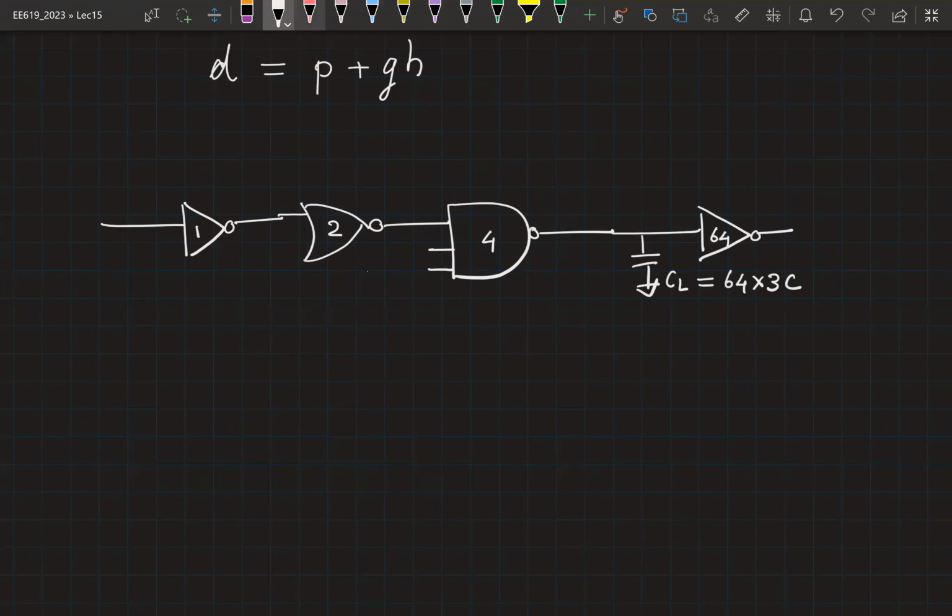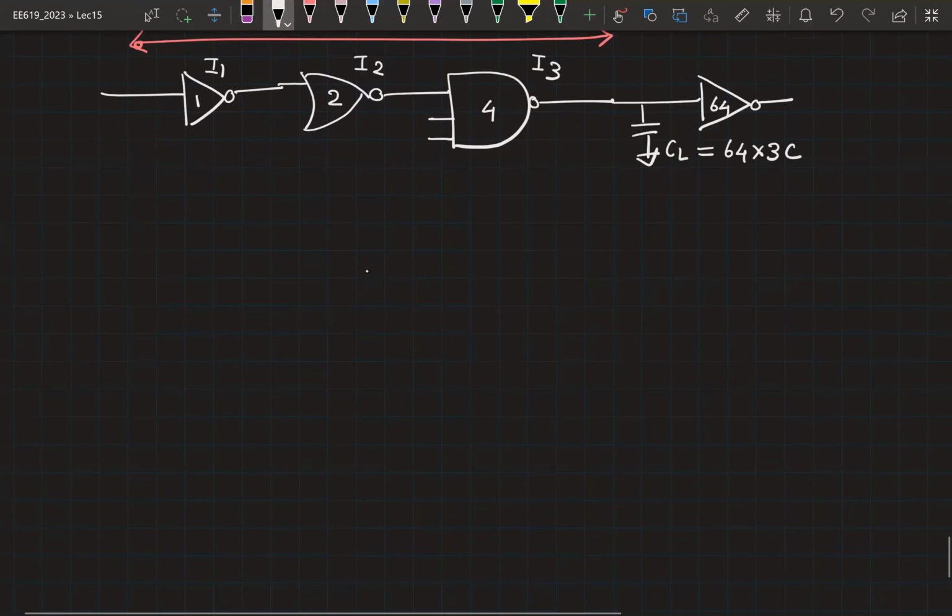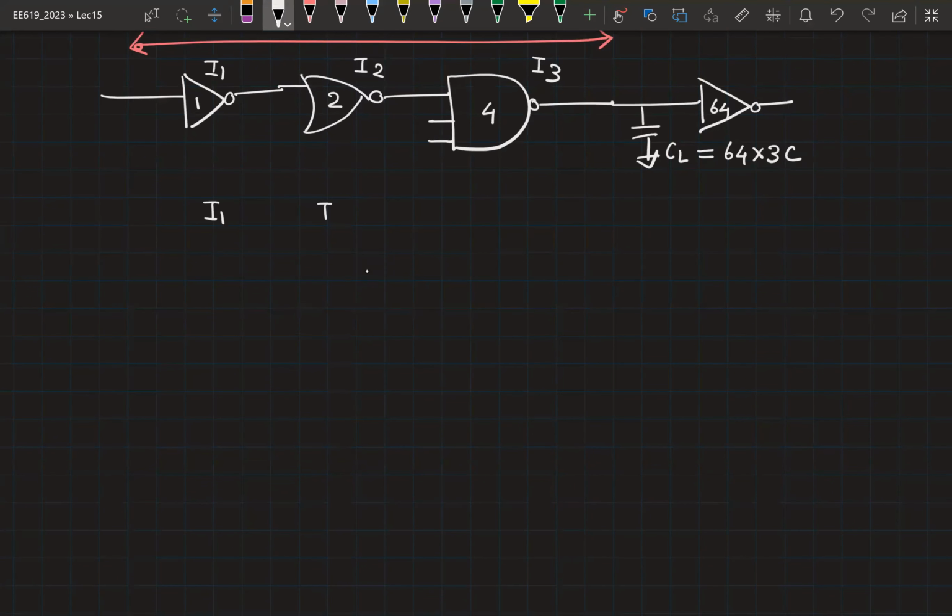Now I'm interested in calculating the delay from the input till this one. So let me show you how you can do this step by step. Let me call these I1, I2, and I3. The aim is to calculate the unitless delay for each of these and then simply sum it up so that you have the total delay.